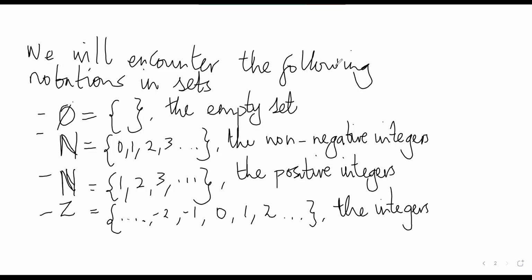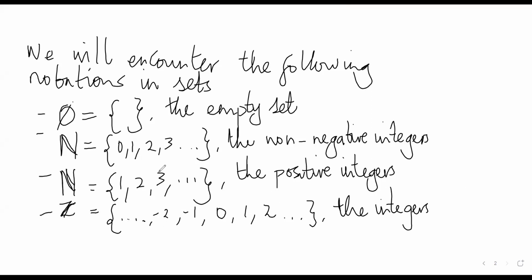So Z is a symbol. As I've said, they are always written in Roman symbolism. The set of integers has the negatives, 0, and the positive integers. This one is just the set of non-negative integers, this one is the set of positive integers, and this one is called the integers.